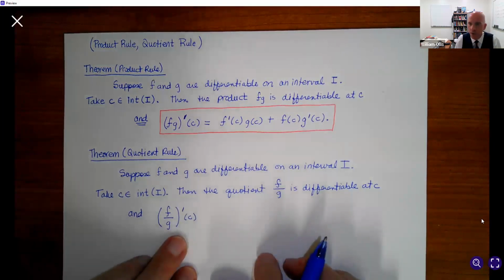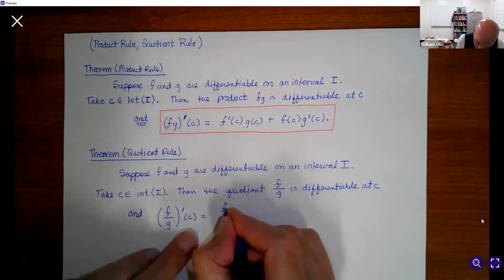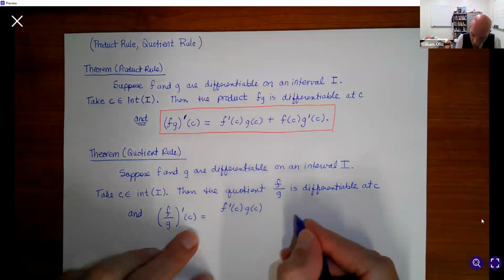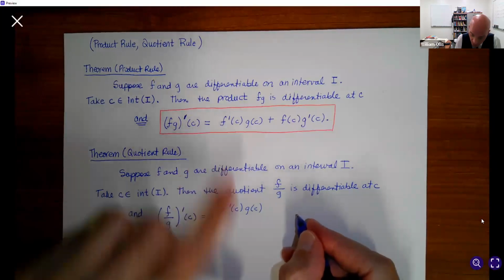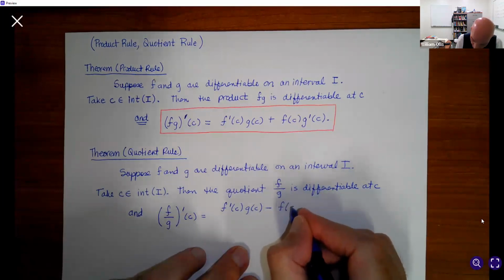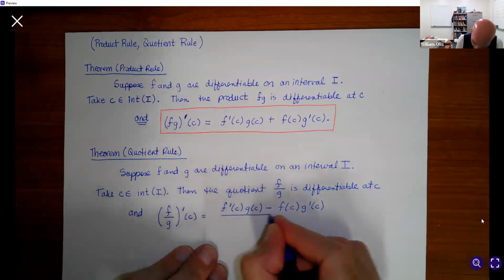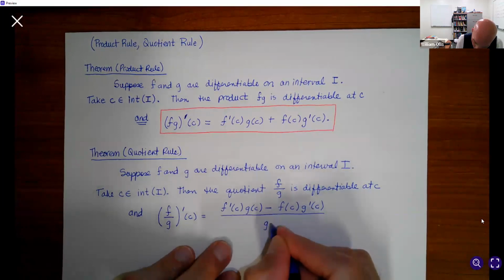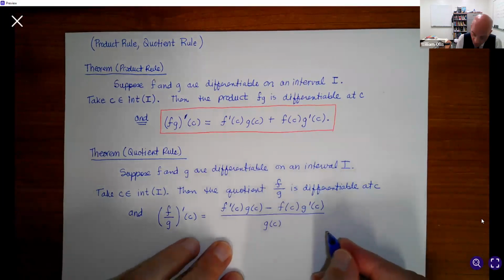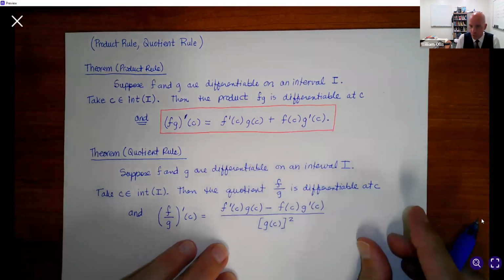That is, the derivative of the quotient at c is f prime of c times g of c. So it starts to look like the product rule, but now we have a subtraction sign, minus f of c, g prime of c, divided by the square of g of c. Now you could put a 2 here like we do in trigonometry, or you can just put the square here, your choice.